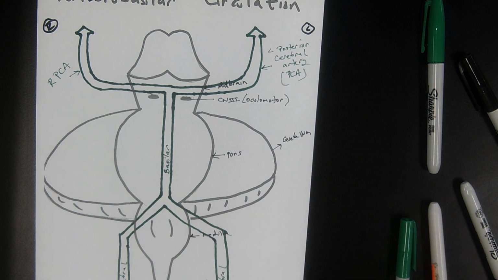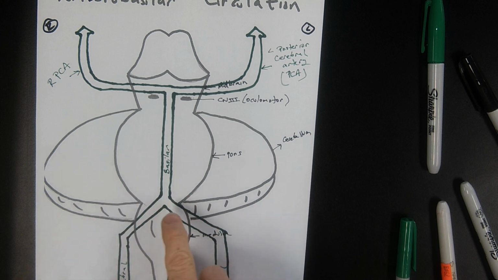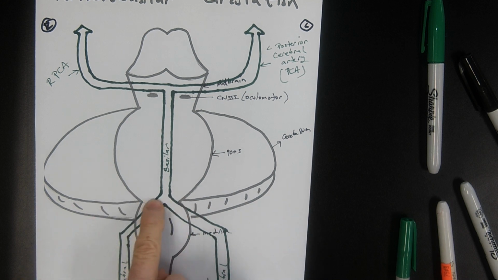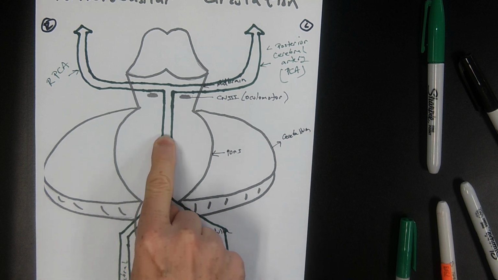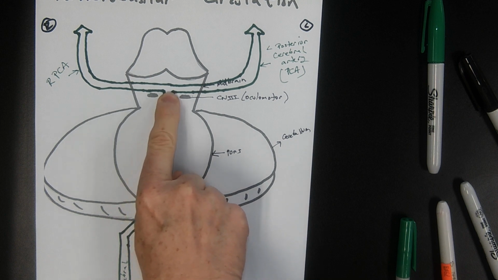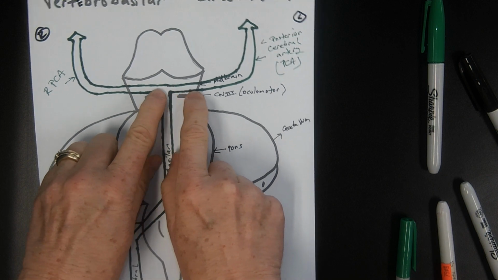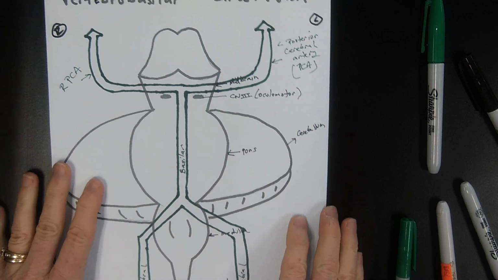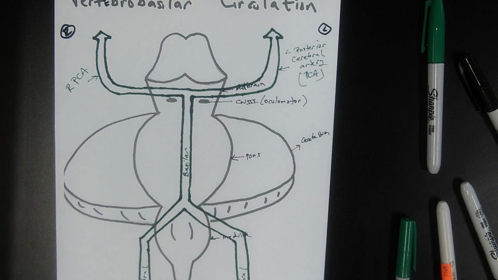So left and right vertebral come up and form one artery at about the level of the pontomedullary junction called the basilar. Basilar comes up just above the third cranial nerve and then splits into two, left and right. These are the PCAs, posterior cerebral, so it's supplying the cerebral cortex with blood. Okay? Got it? Questions? All right, moving on.